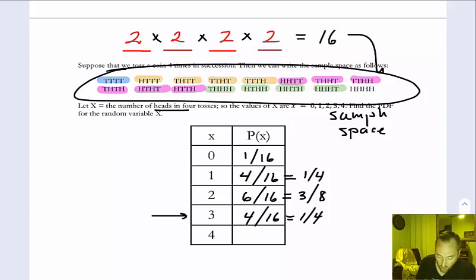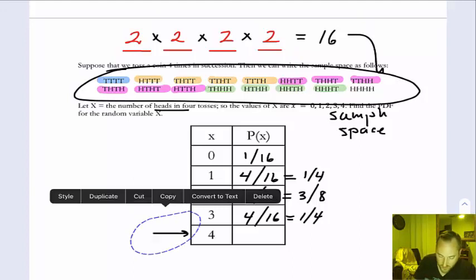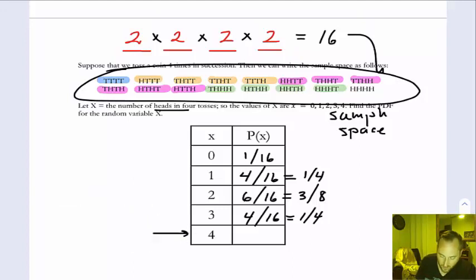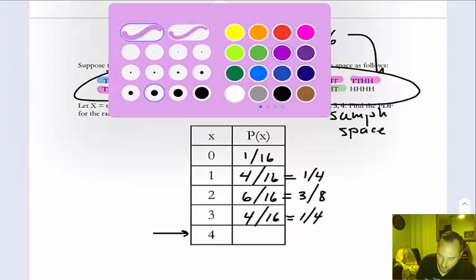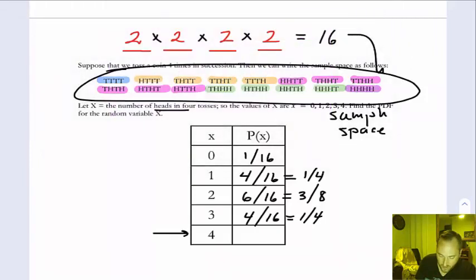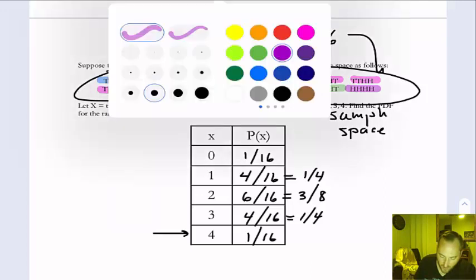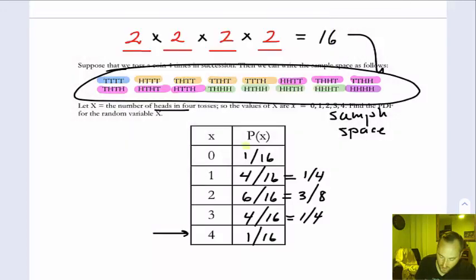And this last one: what's the probability that all 4 are heads? There's only 1 that occurs like that, and that's 1/16. You'll notice a pattern here if I highlight this: 1, 4, 6, 4, and 1.